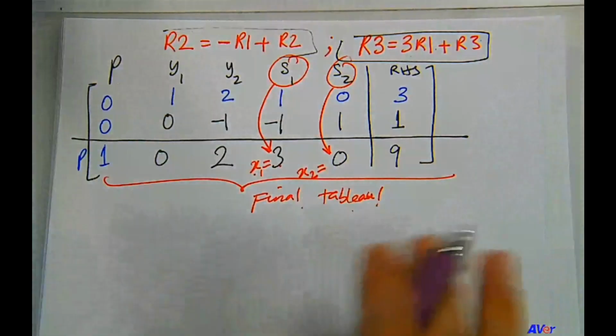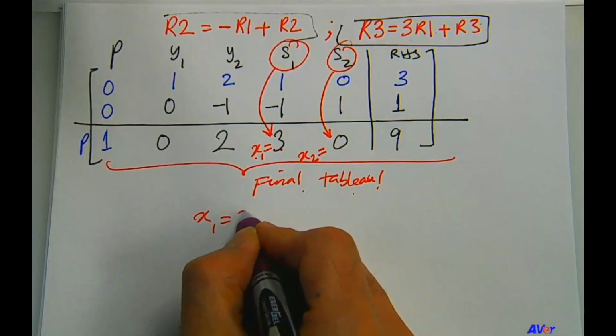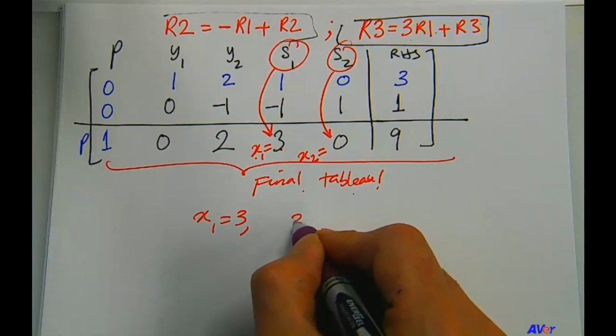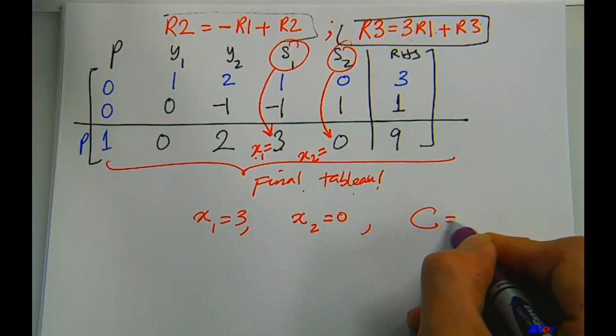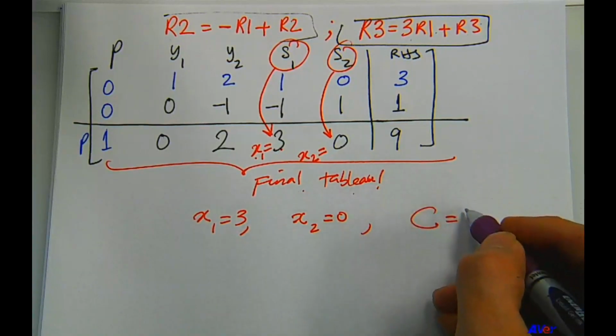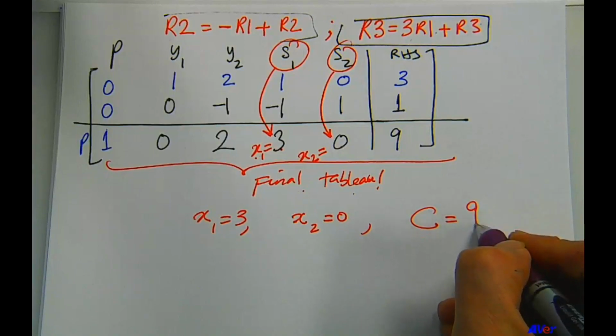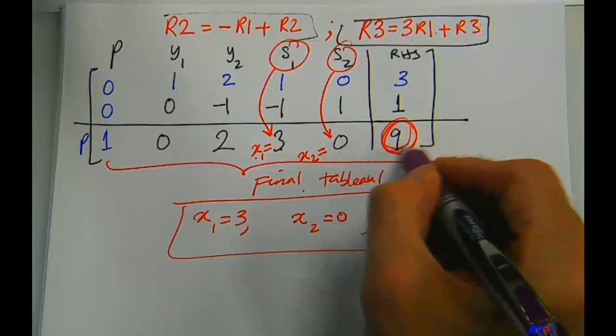So the original problem, the minimum problem, has these solutions. x1 equals 3, x2 equals 0, and c, which was the minimum problem variable, is minimized at 9, which is that.